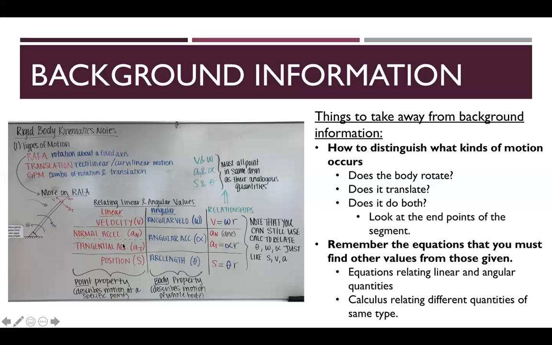The accelerations in both directions and the angular acceleration are related by a few equations. a_t is alpha r, and that goes along this direction. And the normal acceleration is actually a function of the angular velocity, so it's not necessarily related to the equation for acceleration, but it is a quantity related to the angular velocity omega. And then the position and the arc length, that's just theta r.